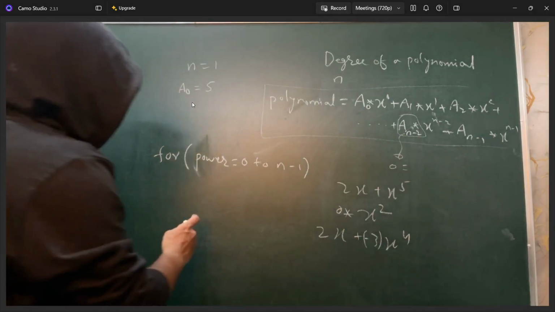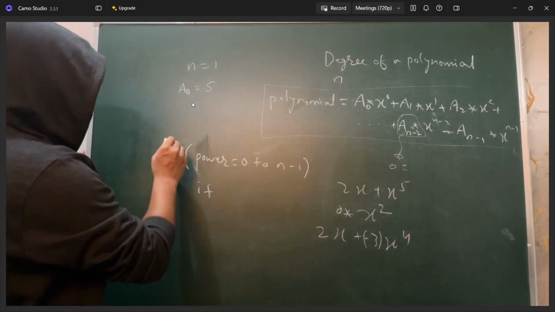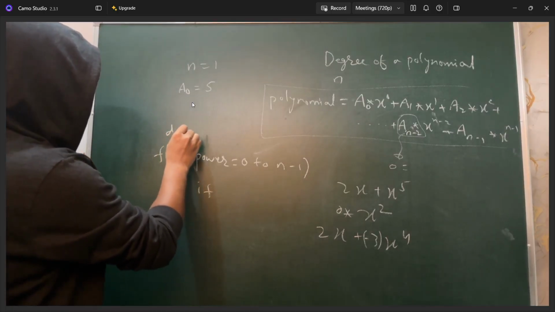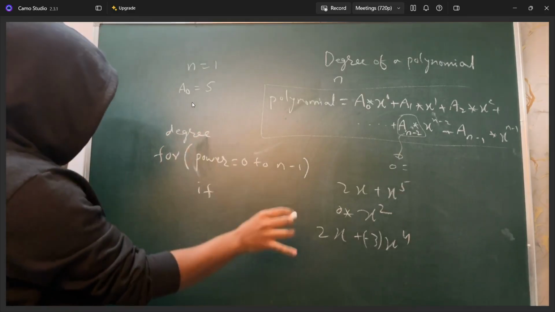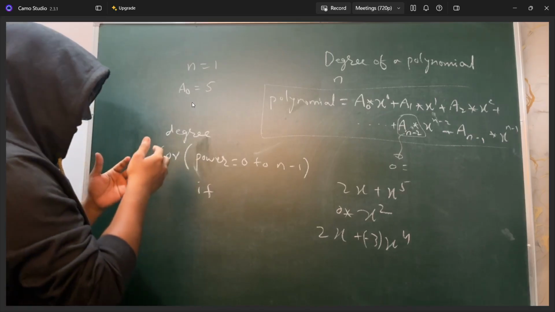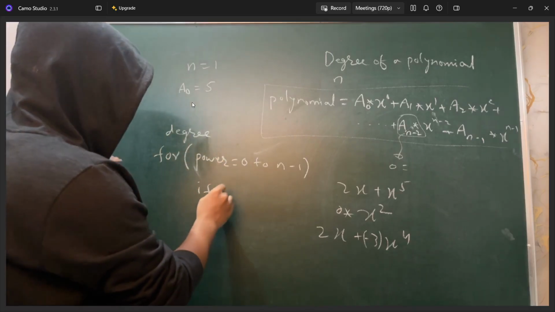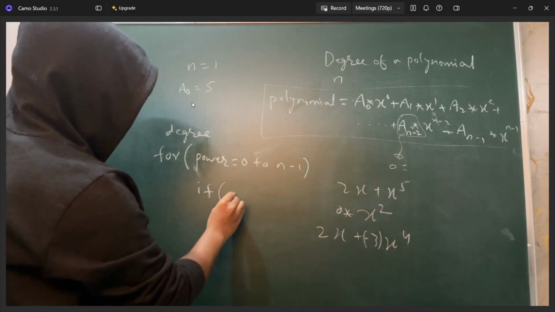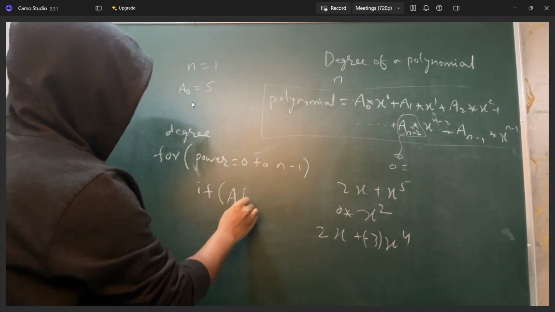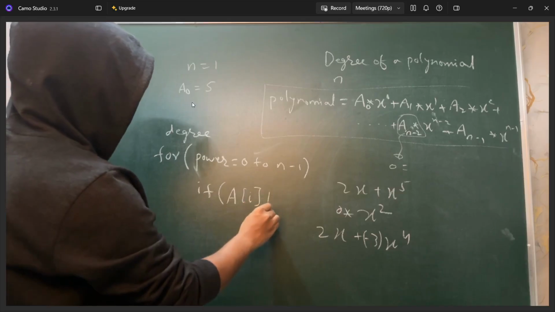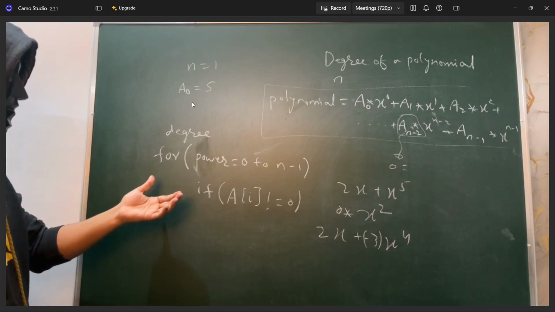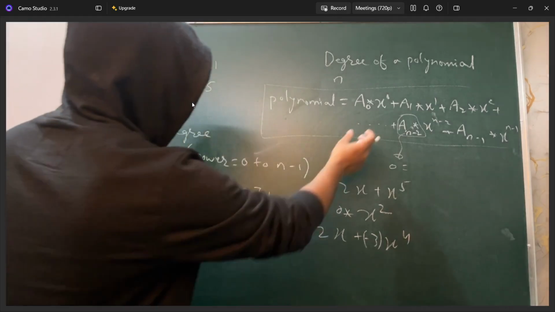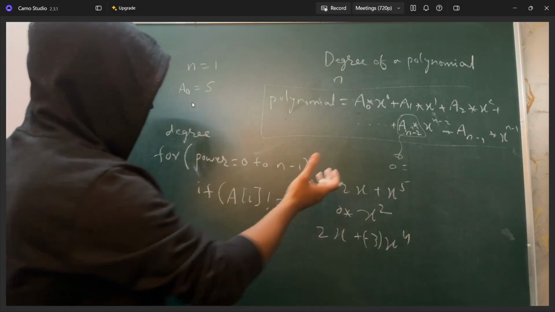Now we will take one degree as a variable, which initially will not have any value, which means we don't have any degree. When you are entering into this loop, you will be checking if a of i is not equal to 0, which means you have that x term, you have that degree.